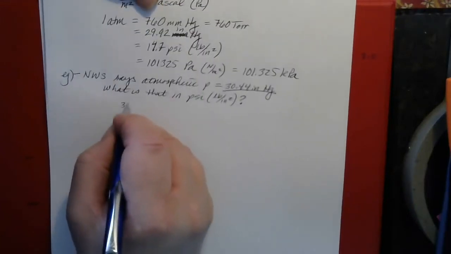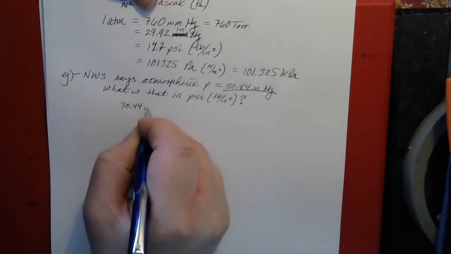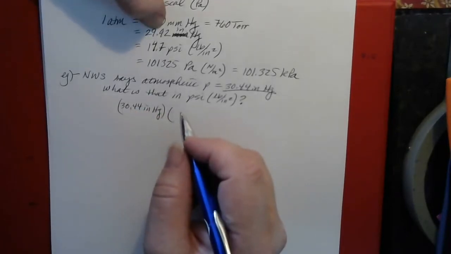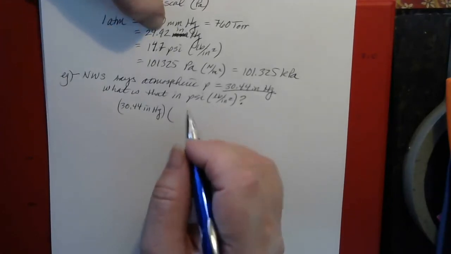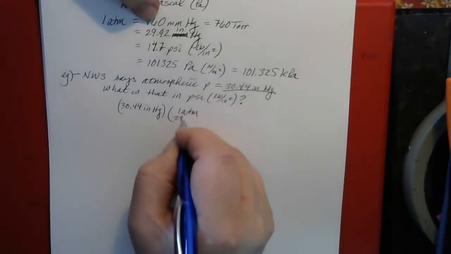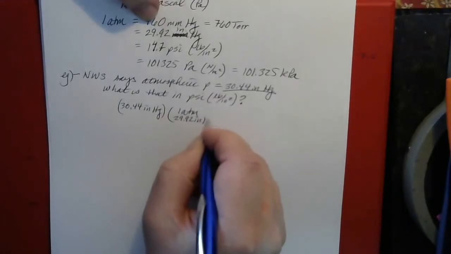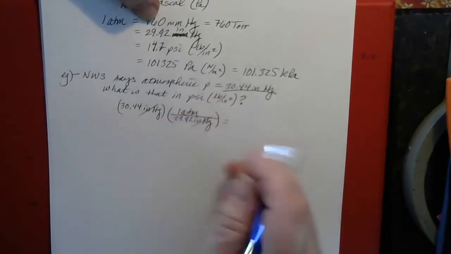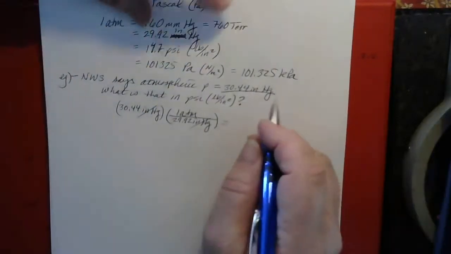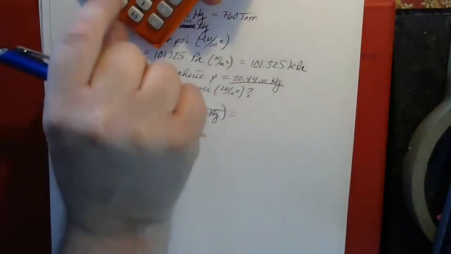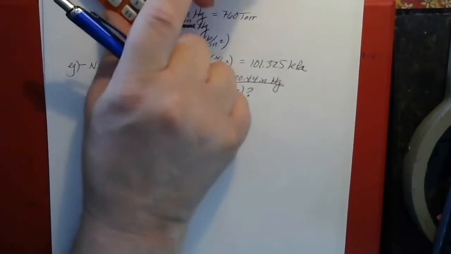So if we have 30.44 inches of mercury and we want to change it to atmospheres, we can look at the second line here. 1 atmosphere is 29.92 inches of mercury. Okay, so inches of mercury will cancel out and you'll end up with atmospheres. And let's see, we can do this all in one step, or we can stop here and write down the answer. 30.44.